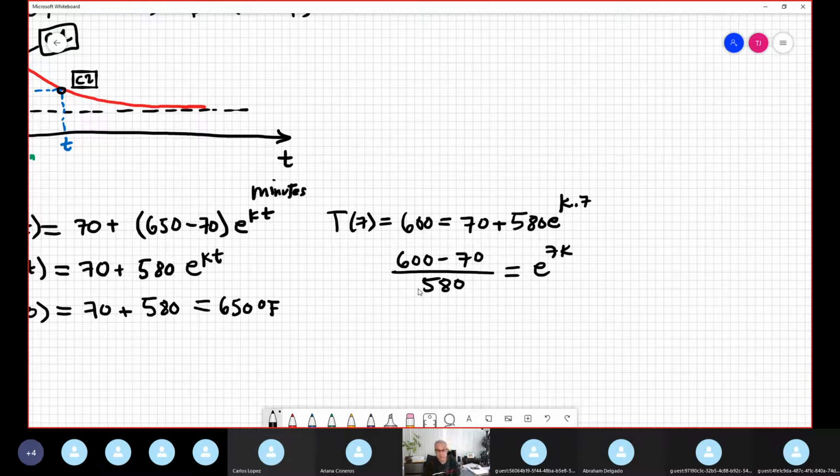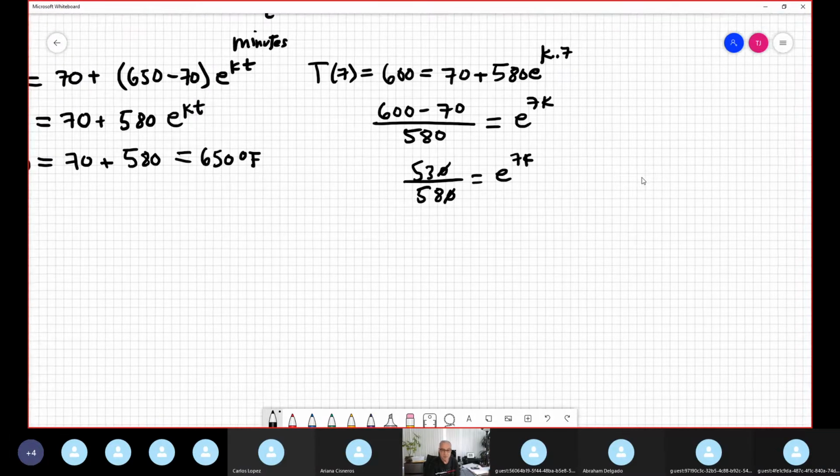It's obvious. 530 over 580, e to the 7k. Okay, you can cancel out the 0 if you want. But actually, we have so far 53 divided by 58 equal to e to the 7k.